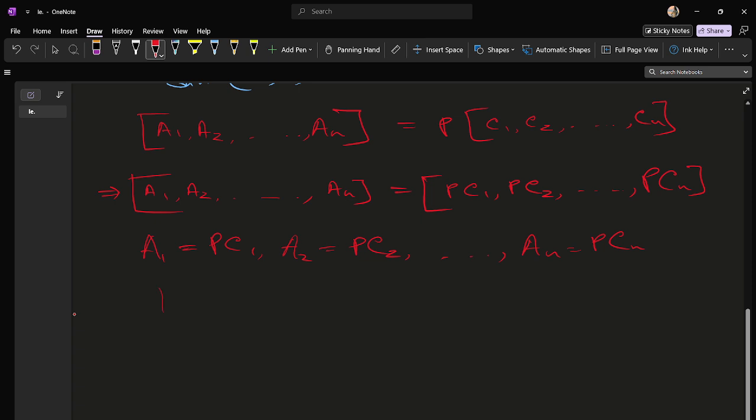Now what will happen? If we take the first two columns as linearly dependent, sorry, independent, then we will get K1 PC1 plus K2 PC2 equals 0, where K is a real number.